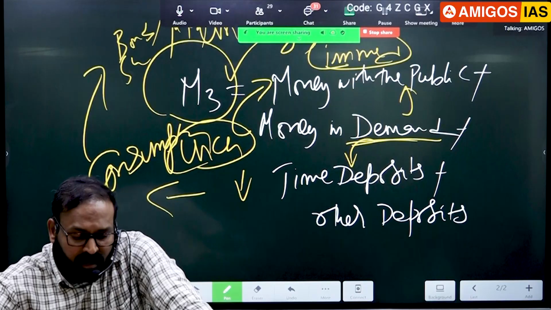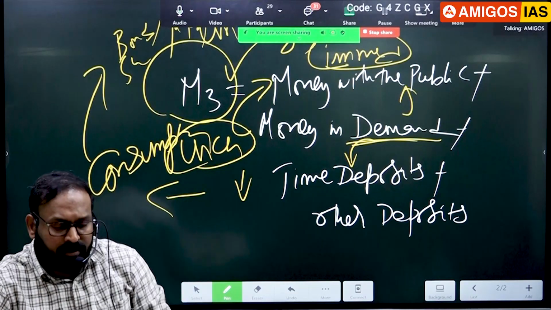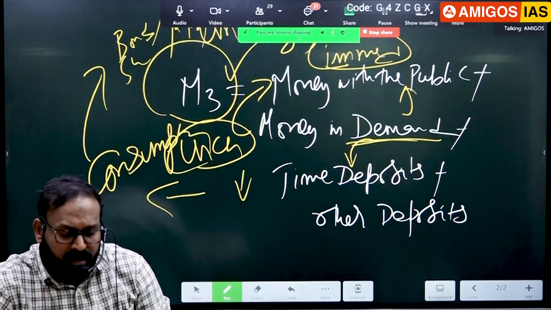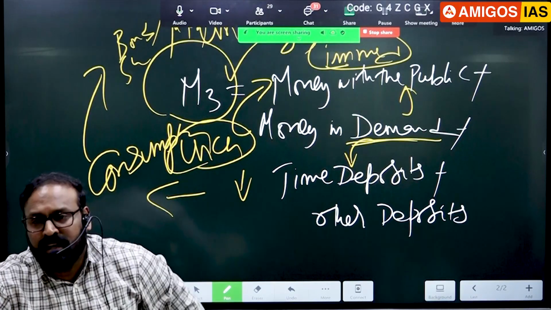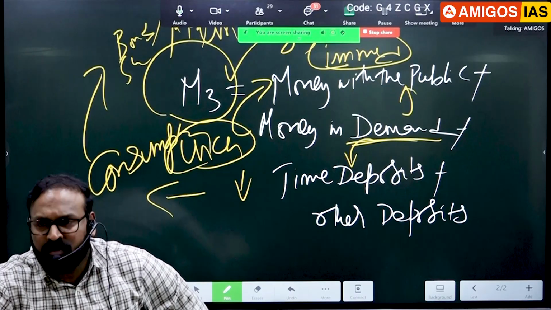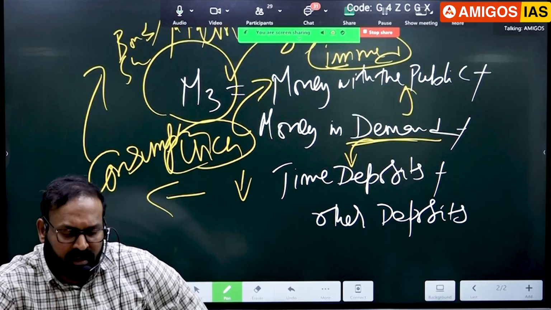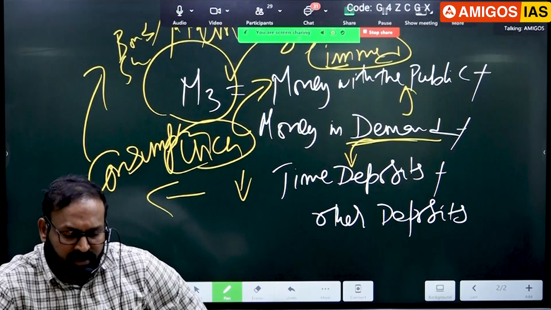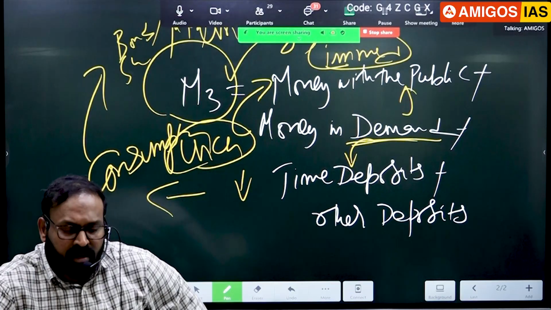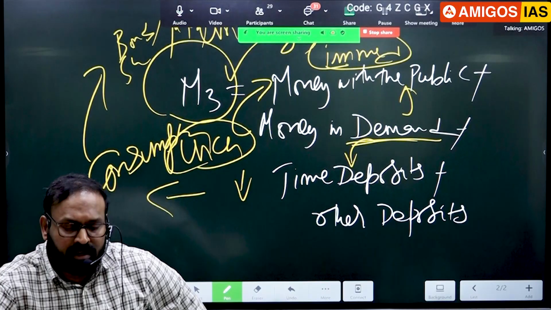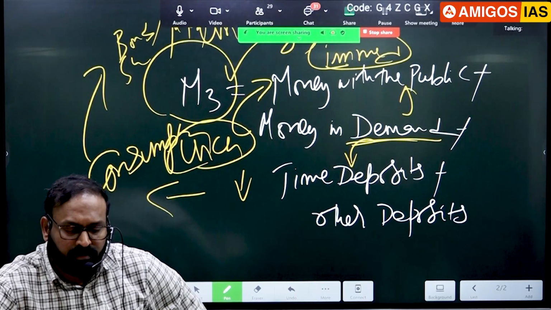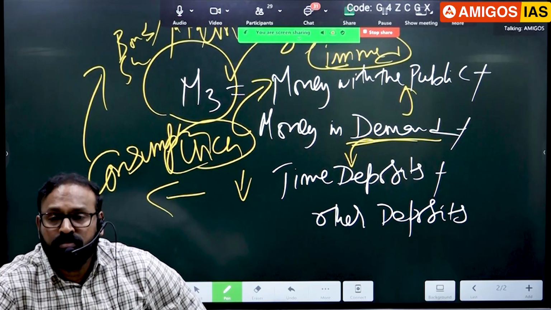Next. In the context of Indian economy, which of the following are the purposes of statutory reserve requirements? Again, we have seen capital adequacy ratio. Another question is regarding statutory reserve requirements. Check the statements. To enable the central bank to control the amount of advances the banks can create. Is it true? How do you know?